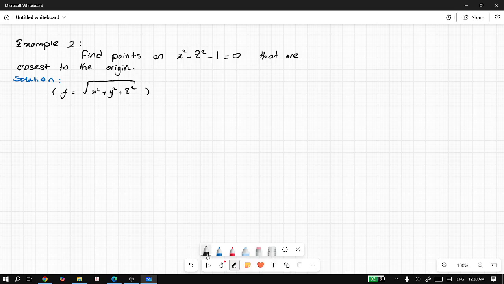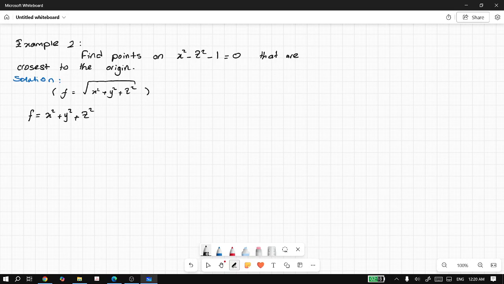So here we are minimizing the distance function, which is the square root of x squared plus y squared plus z squared. And as in the previous example, we minimized the function f equal to x squared plus y squared plus z squared instead of the square root. Why? Because the square root function is strictly increasing, and its outputs are always positive numbers.